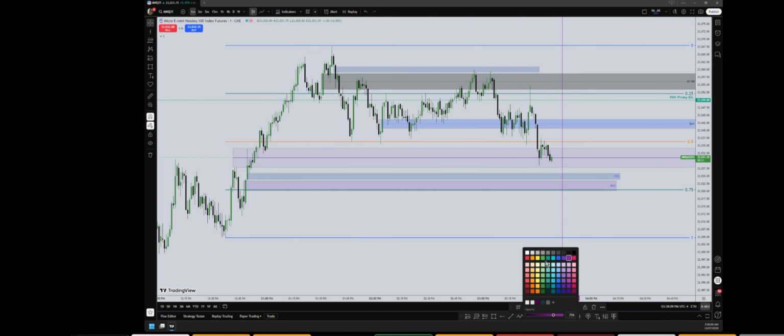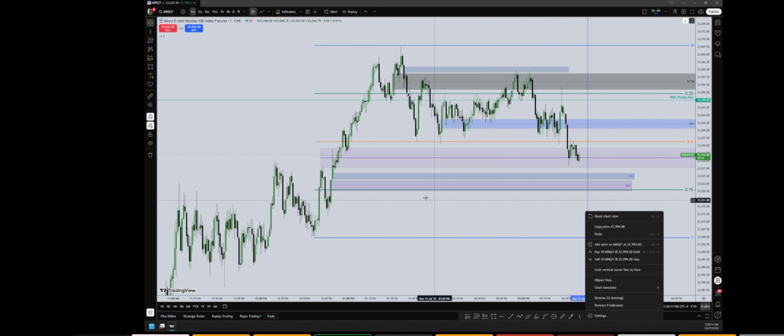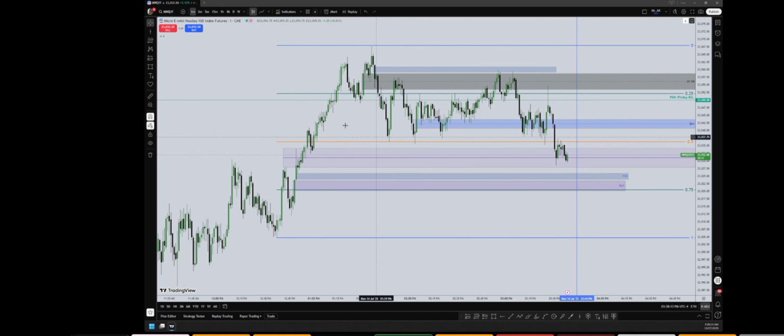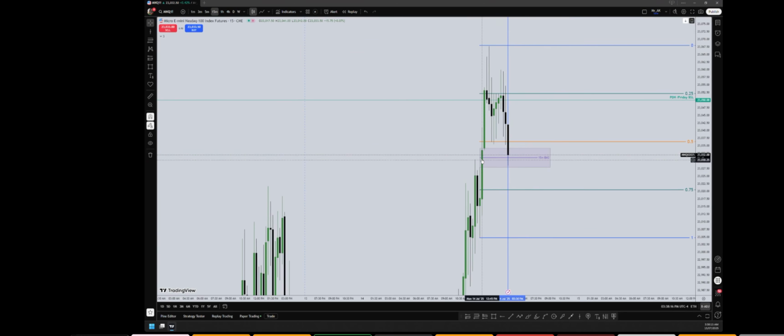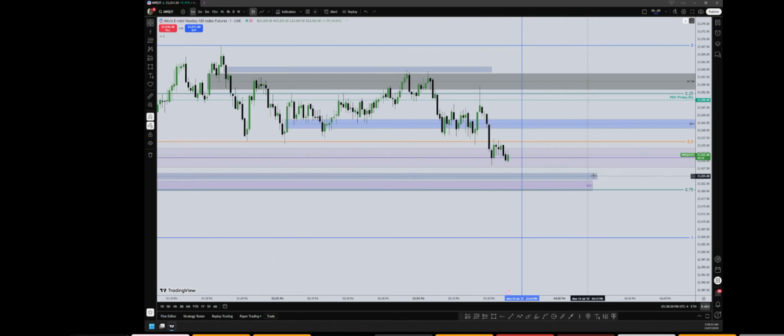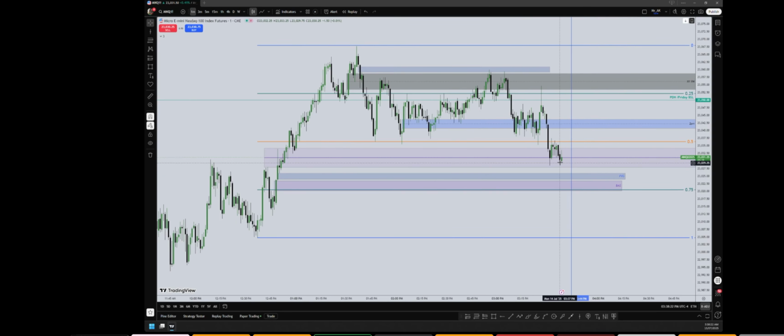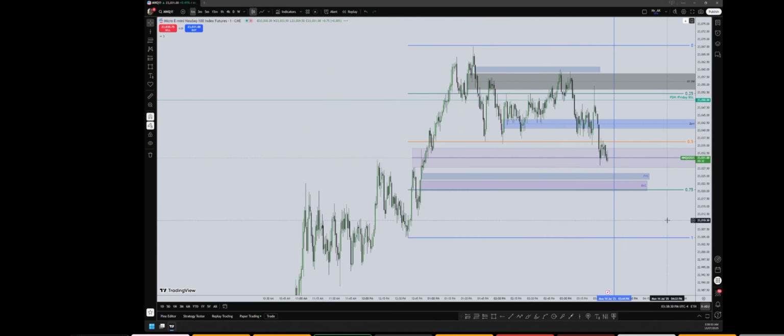Is that a 5-minute gap? 15 minutes. Okay. This gap. So when the 1-minute candle opens at 3:44 p.m., where that candle is closing is gonna tell you where the market can go.